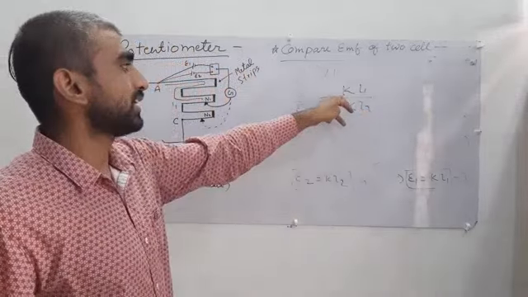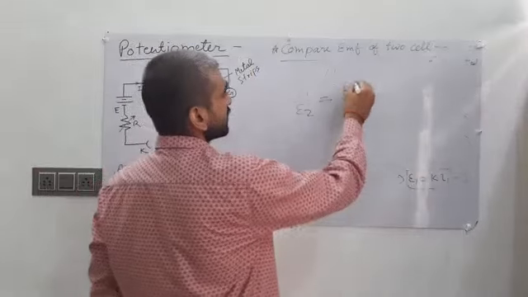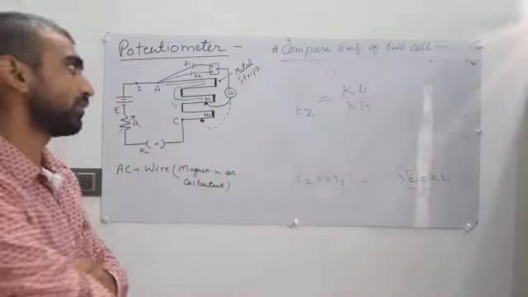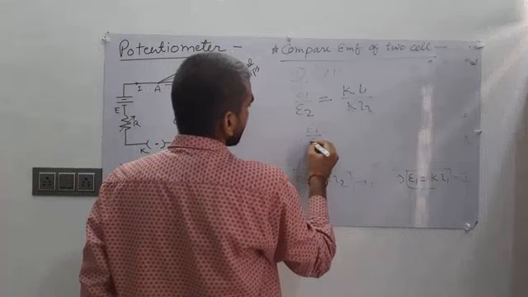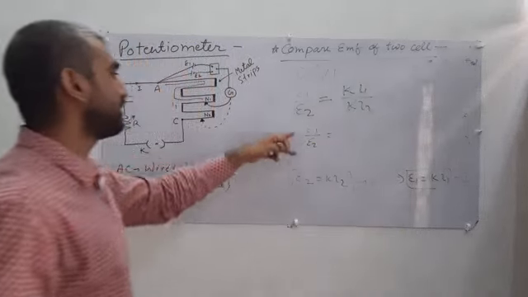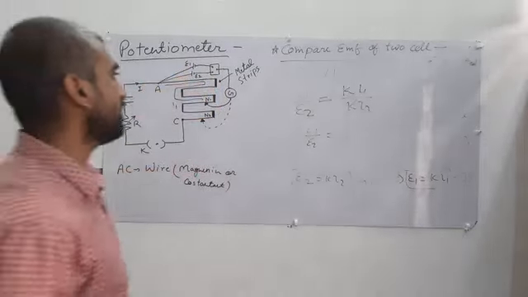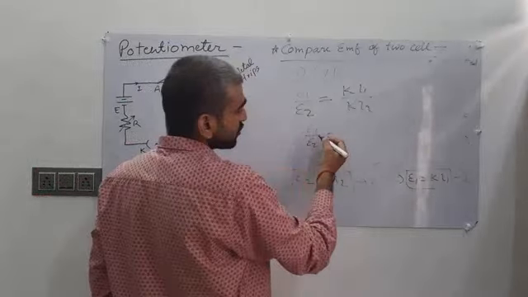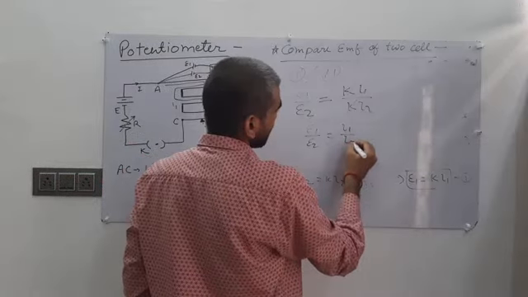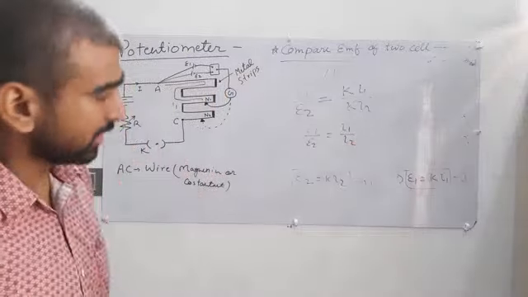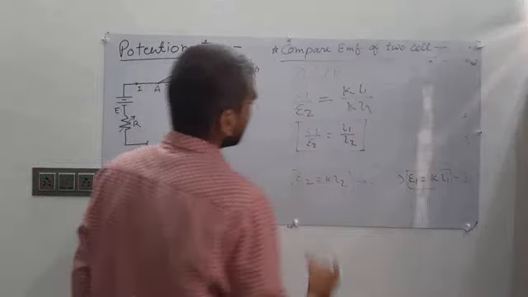Because K is a constant, it cancels in numerator and denominator. So the ratio of the EMFs of the two different cells is the ratio of their lengths. This is the relation between E1 and E2.